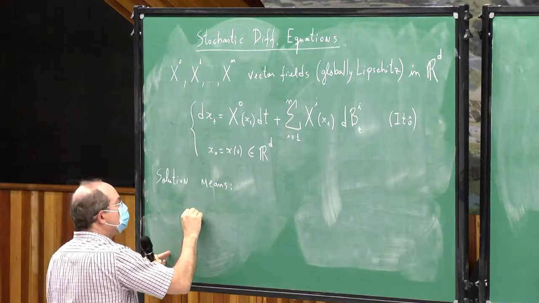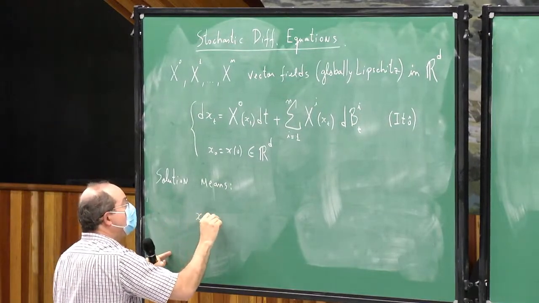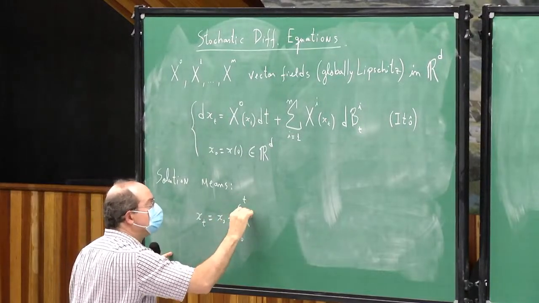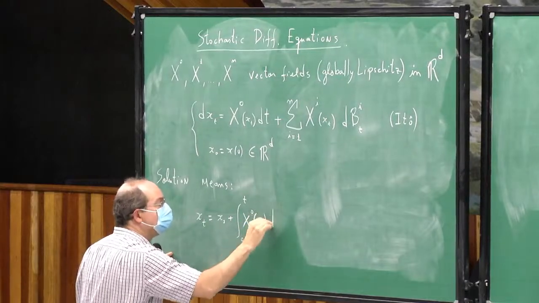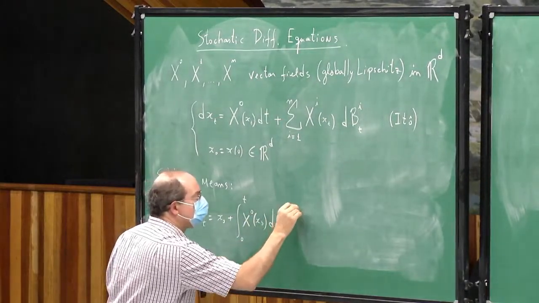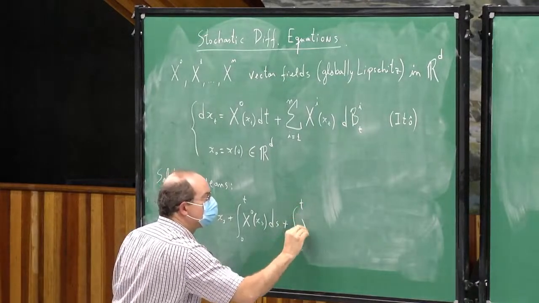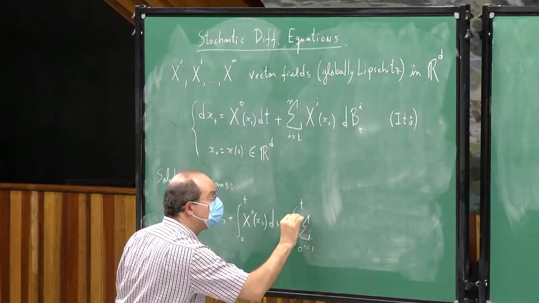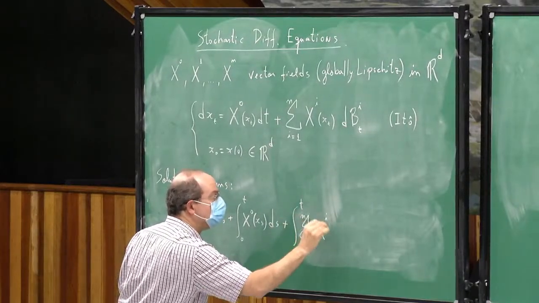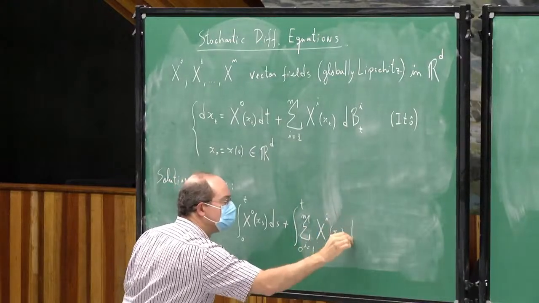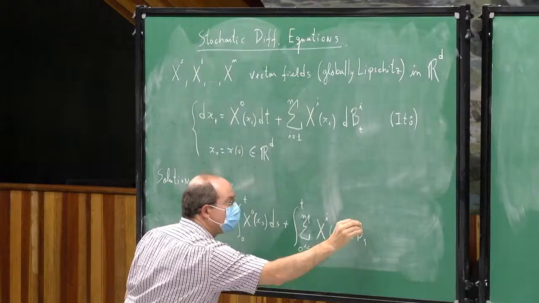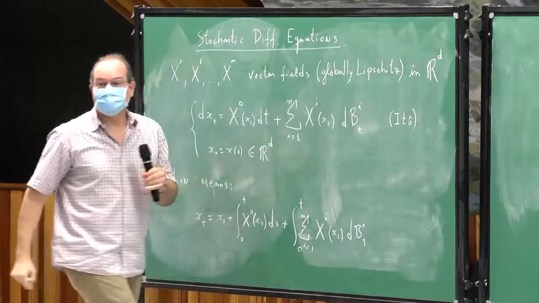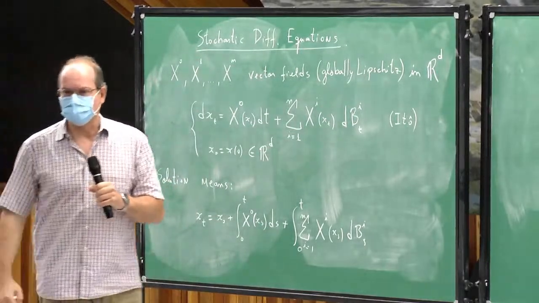It means that we are looking for a stochastic process x_t, which equals x_0 plus the integral from 0 to t of X_0(x_s) ds, plus the Ito integration of the sum over i from 1 to n of X_i(x_s) dB^i_s, such that we have n distinct noises being introduced in the equation.